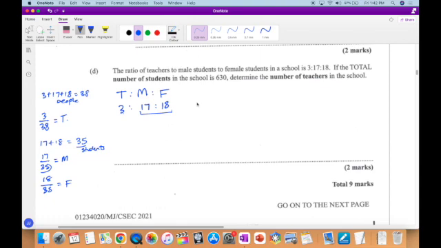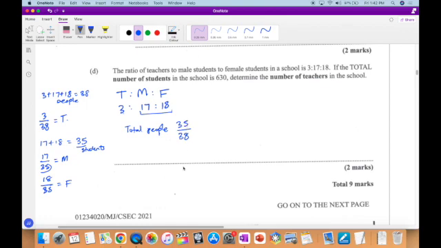So if we really check it, the ratio of students to people. In terms of the total people, we know the total amount of people is 38, and the total amount of students is 35.